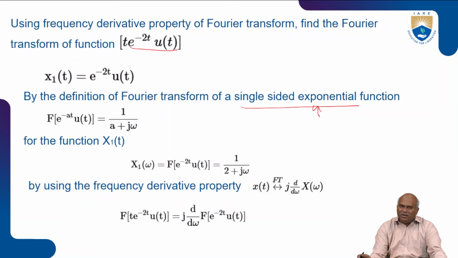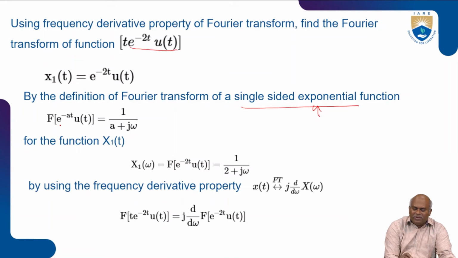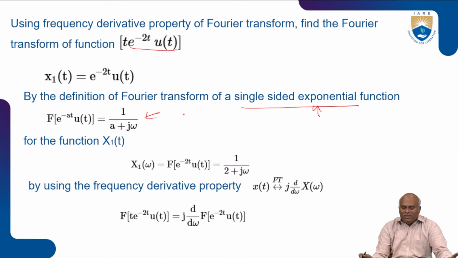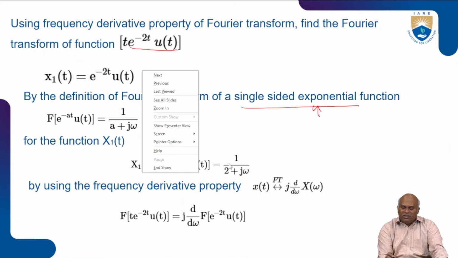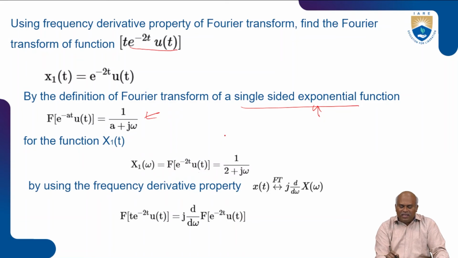The Fourier transform of e^(-at) u(t) is 1 by a plus j omega. We derived this in the last session. From the function x1 of t, we have e^(-2t) u(t), so X1 of omega is the Fourier transform of e^(-2t) u(t), where a is equal to 2.